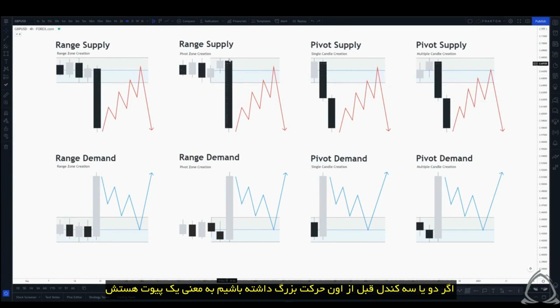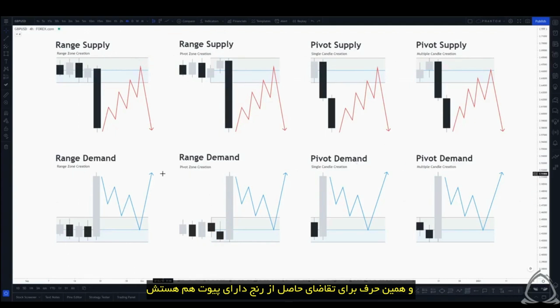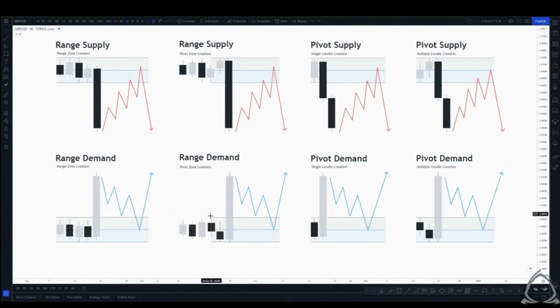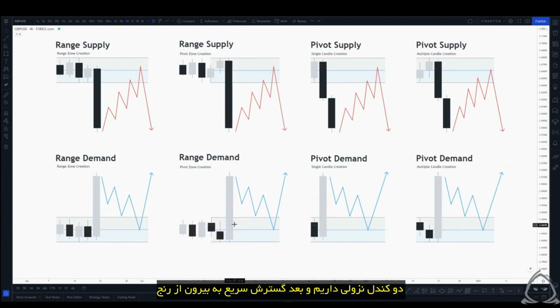If we have 2 or 3 bullish candles before that large move, that implies a pivot. And if we have 1, it's still a pivot, but it's a little bit more refined within the overall range in question. And the same is said with range demand. With a pivot zone creation, we have 2 bearish candles and then the rapid expansion outside of that range.